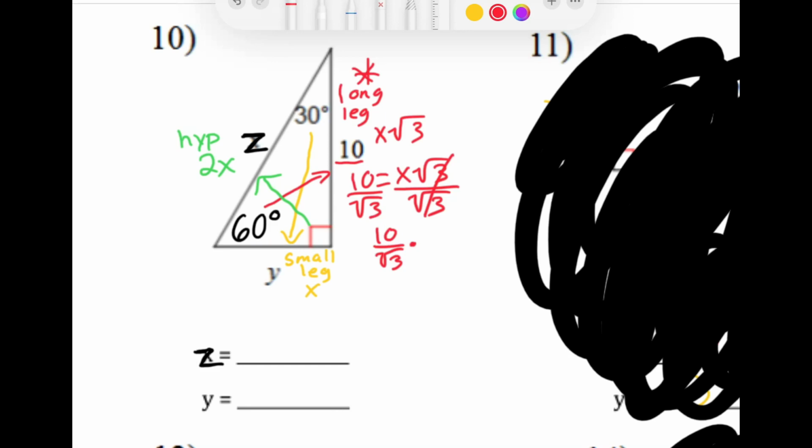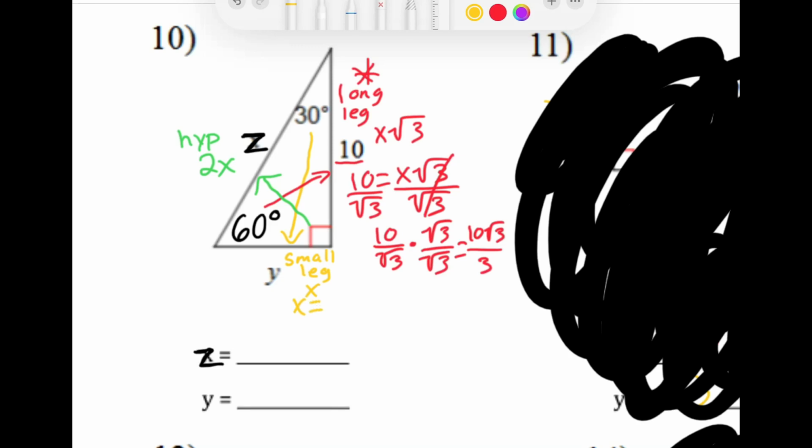To rationalize it, whatever is in that square root, we have to multiply it in the numerator and denominator. So in the numerator we get 10 times the square root of 3. In the denominator we get just 3. So this is our x.